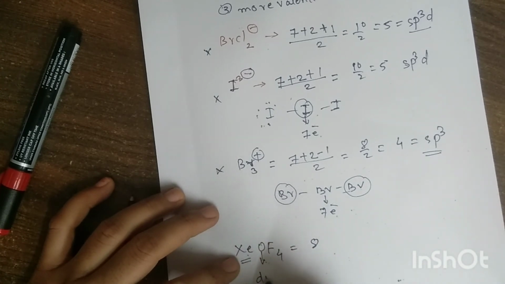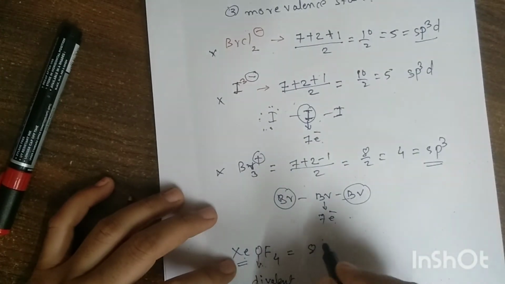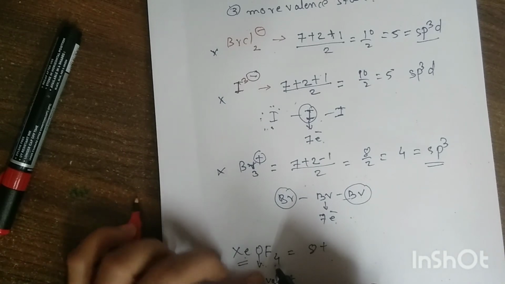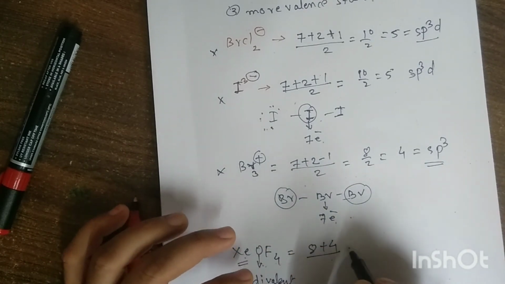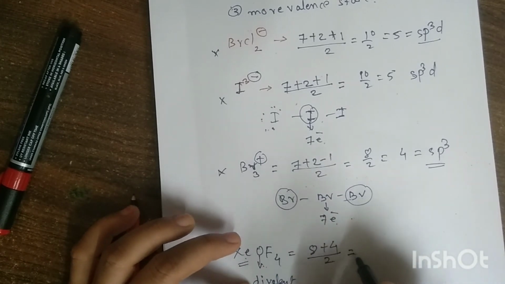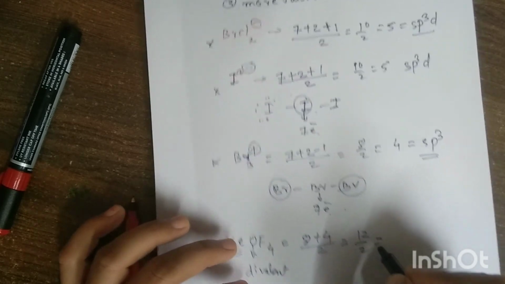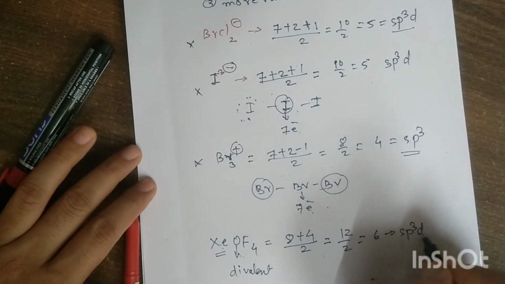Because oxygen is a divalent species, and a divalent species is not counted in such a formula, so we avoid it. So 8 plus the fluorine, which are 4, divided by 2, we get 12 divided by 2, that is 6, and 6 gives sp3d2.